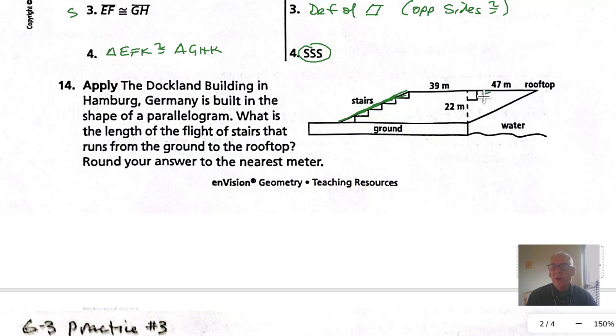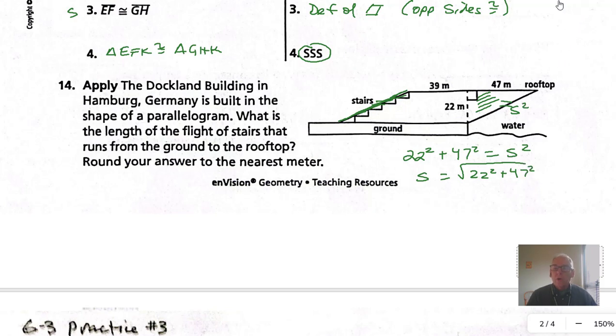Here we have a right triangle. Since opposite sides are congruent, we can find the length of this side using the Pythagorean theorem. We have 22 squared plus 47 squared is equal to, and we'll call this S squared for the stairs, the length of the stairs squared. So the length of the stairs is going to be the square root of 22 squared plus 47 squared.